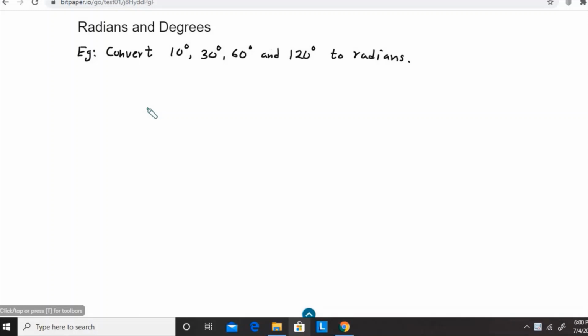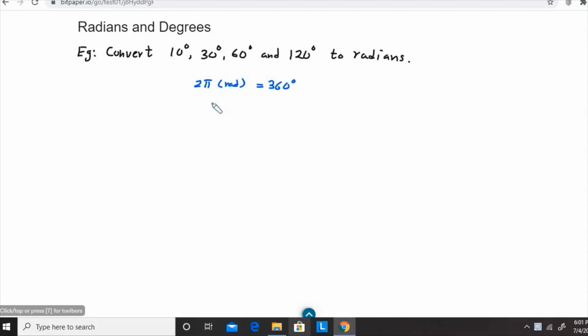Here what we need is to convert these degree values to their radian values. So I'll use the previously established relationship between radians and degrees. If you recall, I said 2 pi radians is equal to 360 degrees.